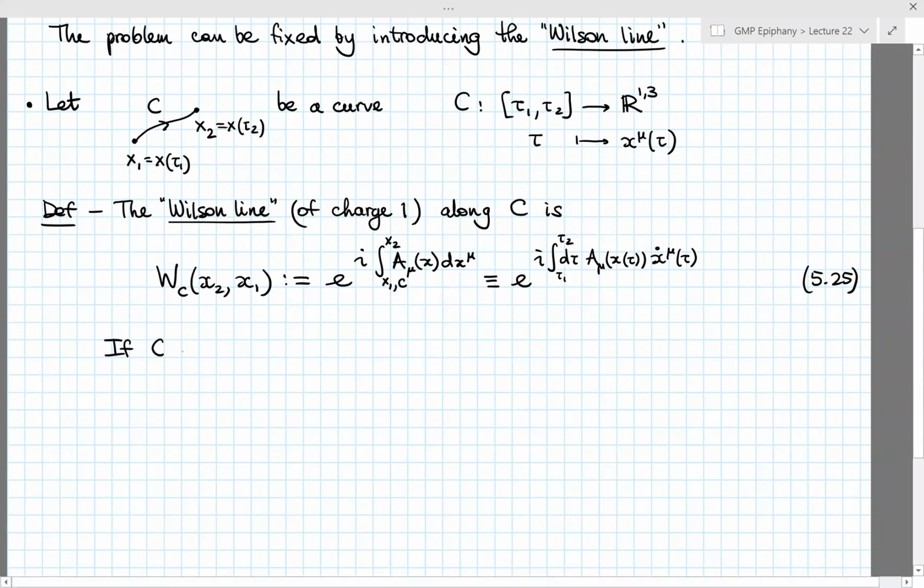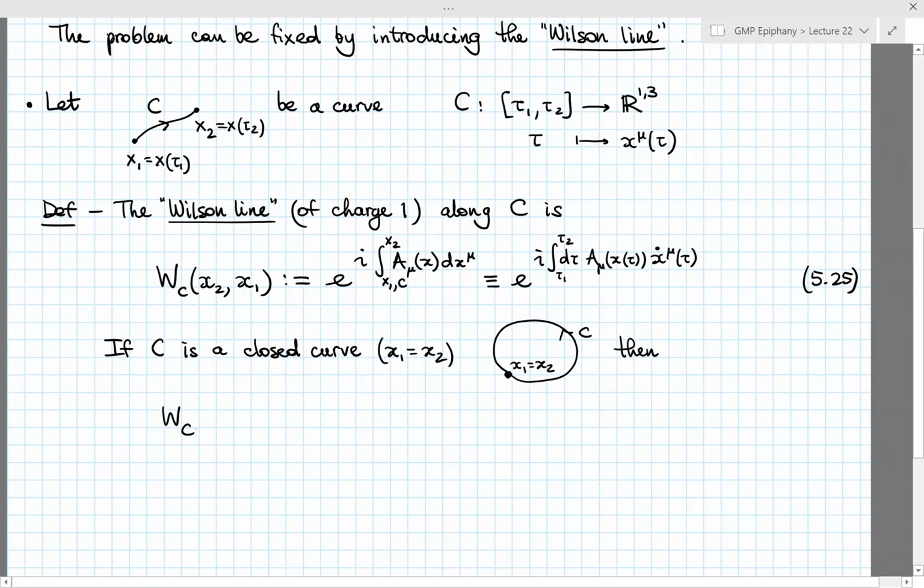Instead, if C is a closed curve, say x1 is equal to x2. So say it looks something like this. Then we denote this by W_C, this exponential of i times the integral on a closed curve, that's the reason for the circle, of A_mu dx^mu defined as above.